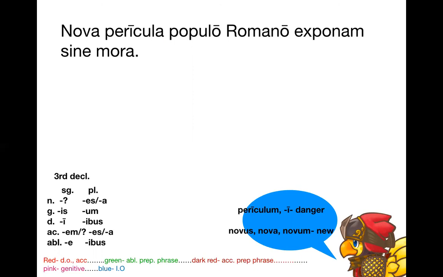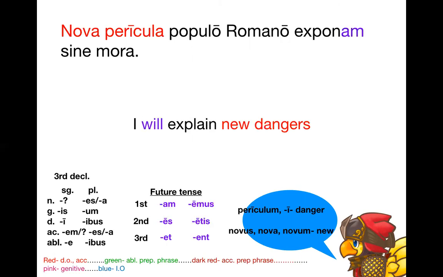And it is clearly third conjugation because this wacky ending is the first singular future tense ending of a third conjugation verb, right? That is my least favorite verb ending in the entire language, right there. Because the rest of the future tense endings for third conjugation have E's in them. For some reason, this one ends in AM. And so the big issue is that you might not even recognize that this is a verb instead of a noun.